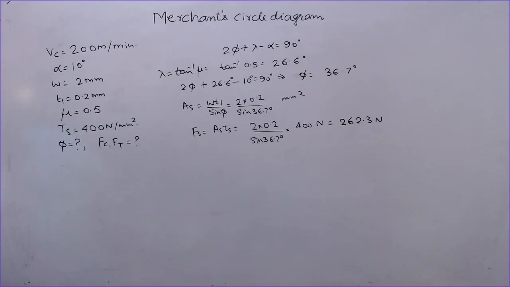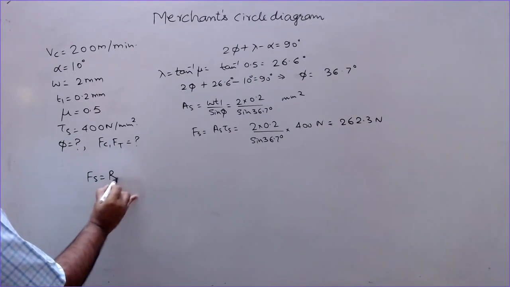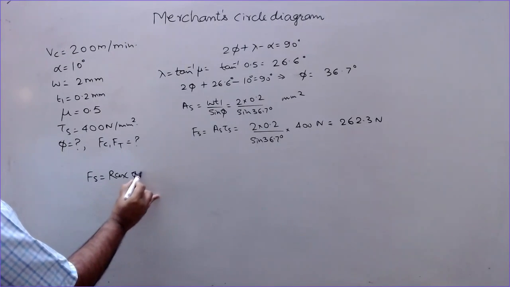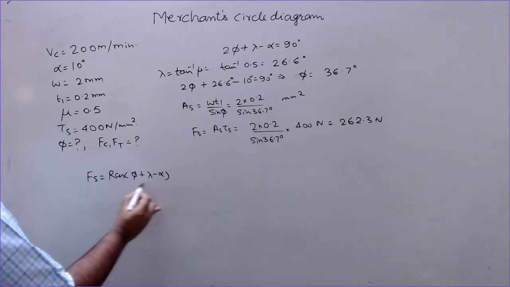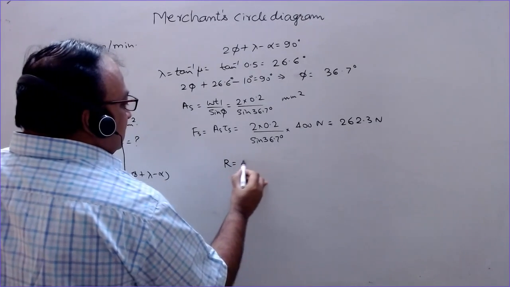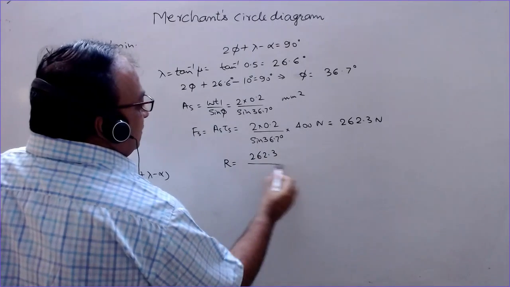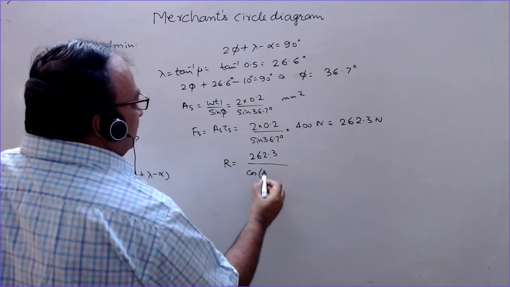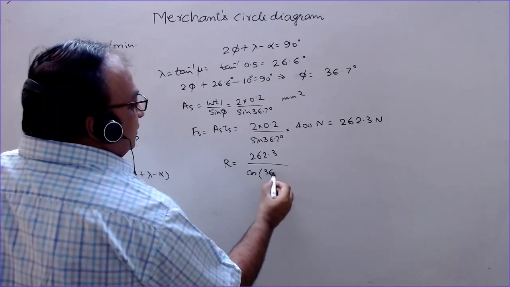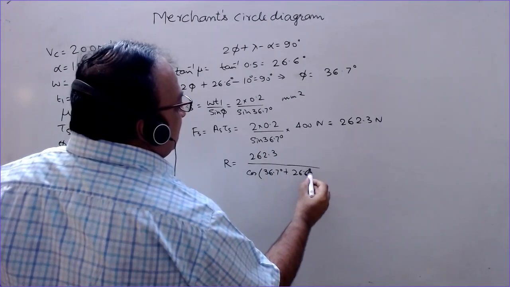Now you can find the other components. We know that Fs is R cos phi plus lambda minus alpha. So let us find R first. Fs upon cos of phi plus lambda minus alpha.